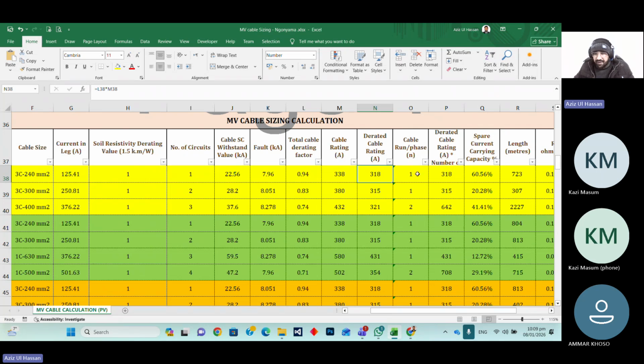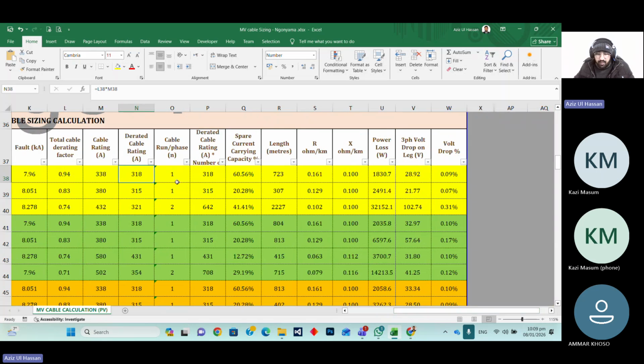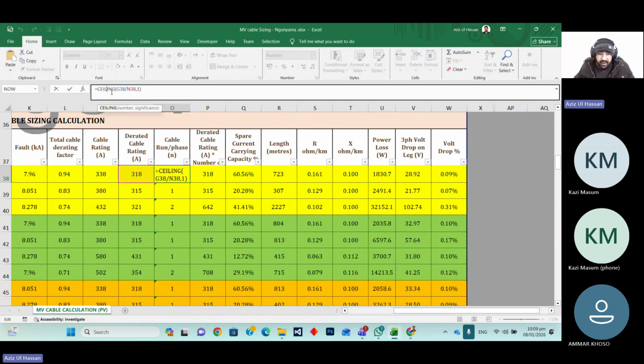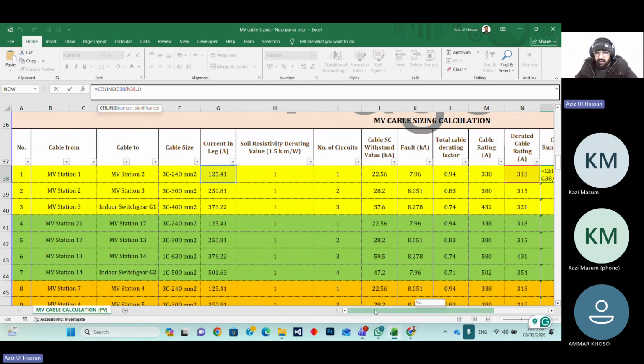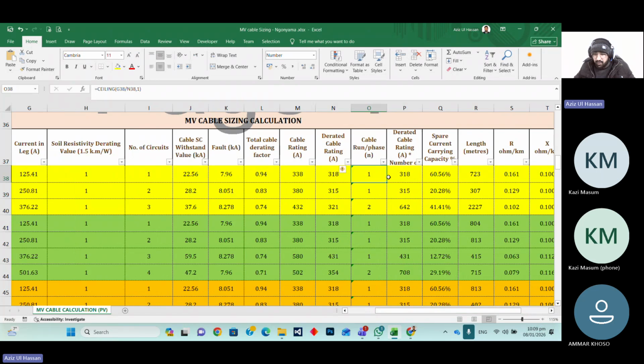Then cable runs per phase, same as in the previous class, which I have already explained. How do we calculate it? Sorry, the load current should be divided by the derated ampacity, and we get the number of runs per phase. The derated ampacity should be higher than the load current, so that is why they increase the number of runs per phase.